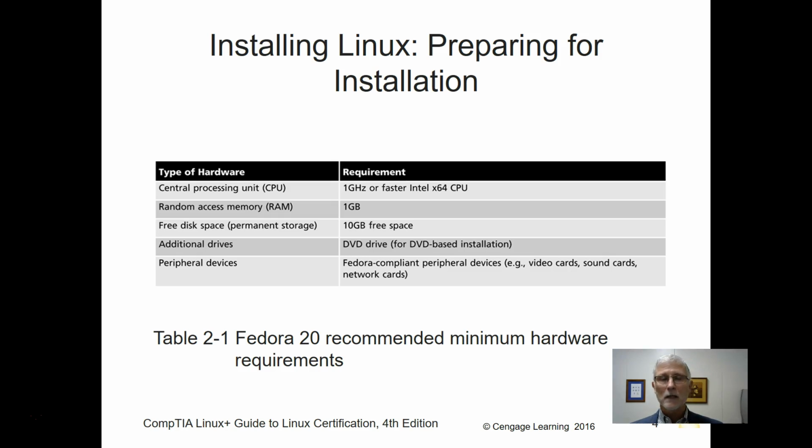One we're going to do in class, and at home, I'll probably have you do a 2 gigahertz processor, maybe 2 gig of RAM, probably 20 gig of free space, and then we'll let the rest of it default. So just give you an idea, because I think Fedora 27 is what we're going to be installing.